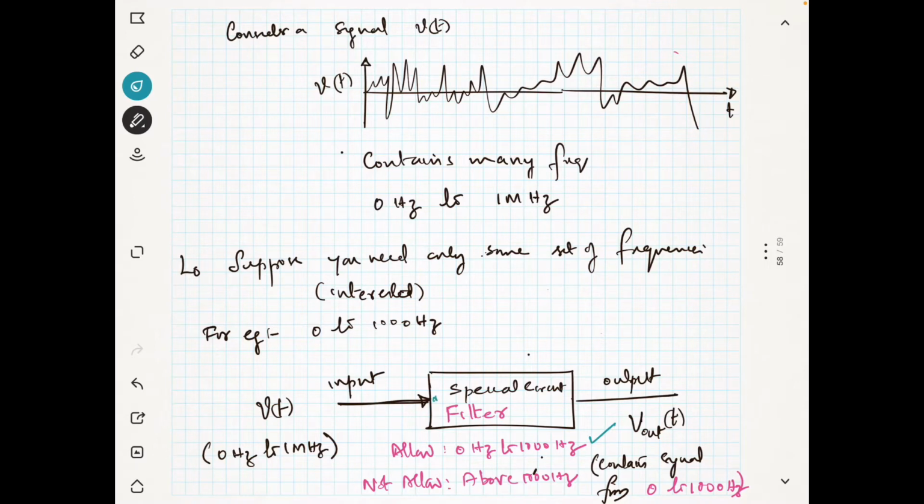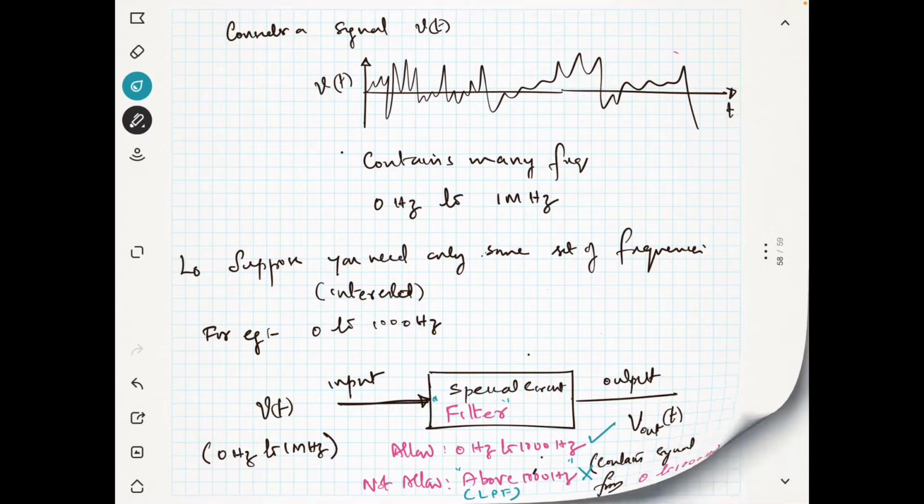This filter is a special filter designed for this particular range of frequencies. You can design another kind of filter suitable for other frequencies. It depends upon the design of the filter. Basically, this filter is a low pass filter. I will come to these terminologies later.